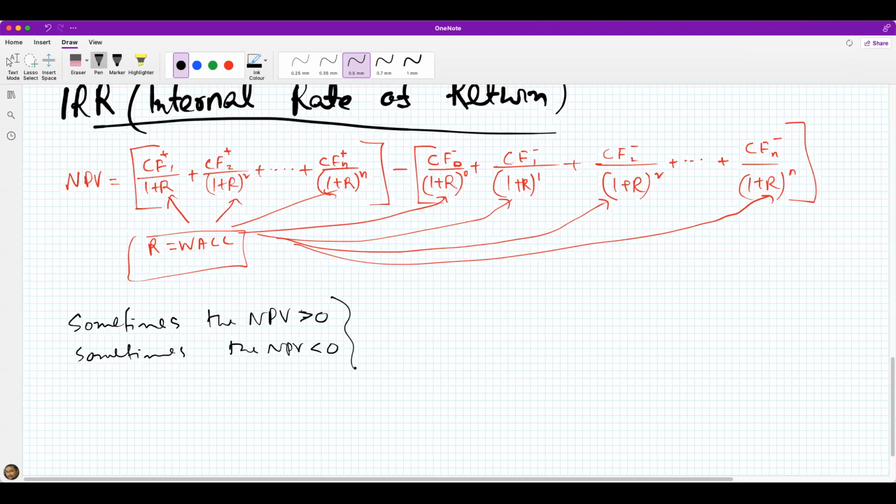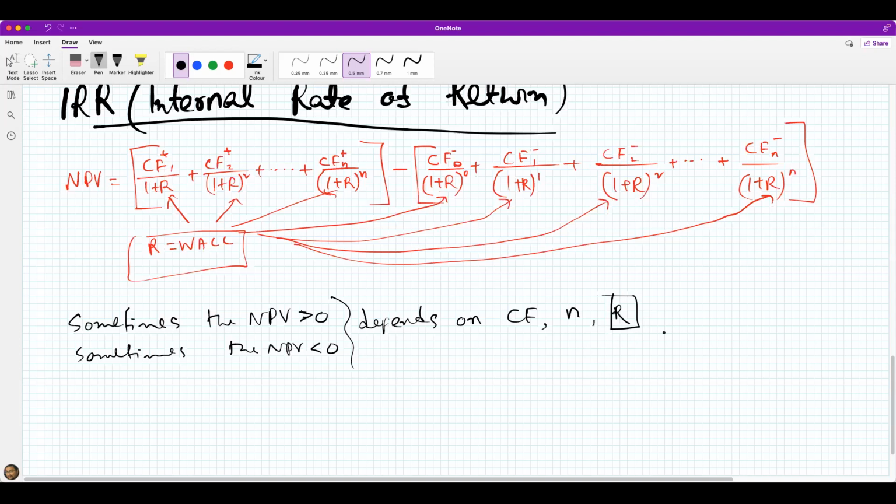And that depends on 3 things: the cash flow, the number of years for each cash flow, and also the discount rate.